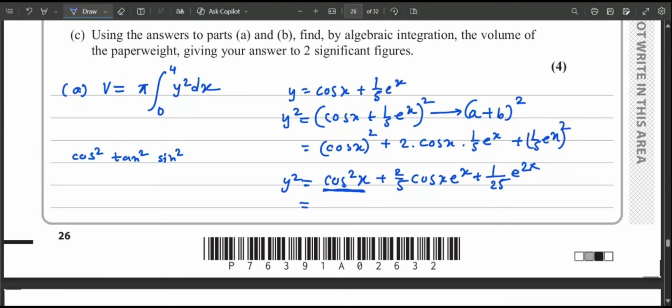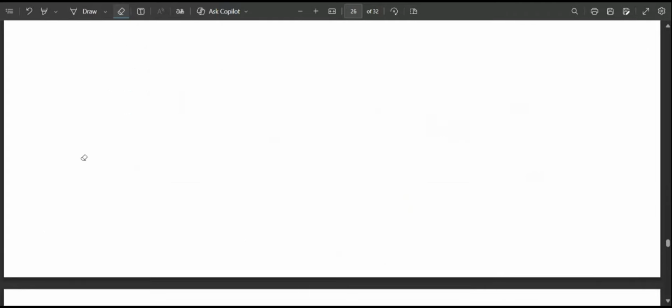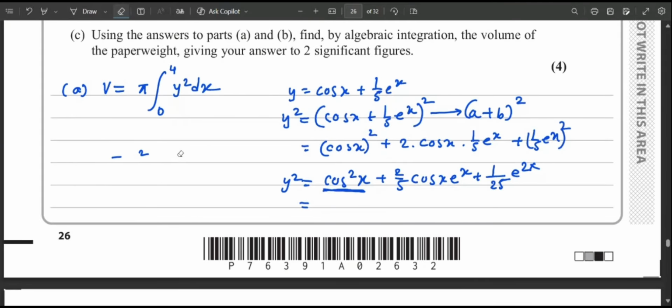In order to integrate functions where the trigonometric function has been squared or cubed, we need to convert these trigonometric terms into linear trigonometric terms. So we can see that we have cos square x in our expression. We cannot integrate this, so we need to write an equivalent linear trigonometric expression for cos square x.